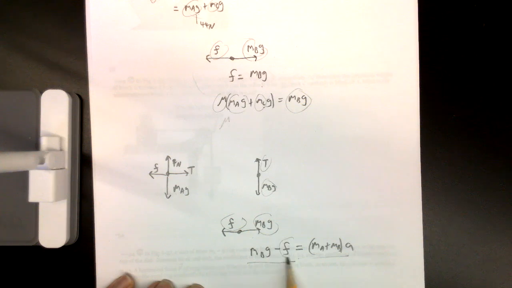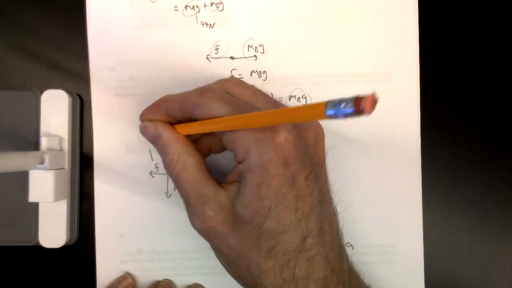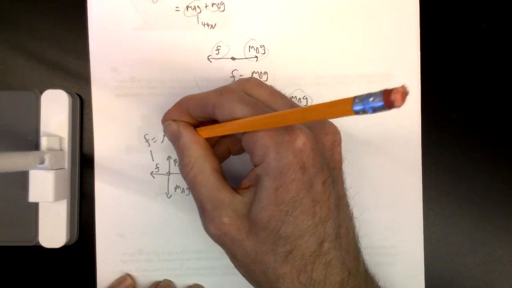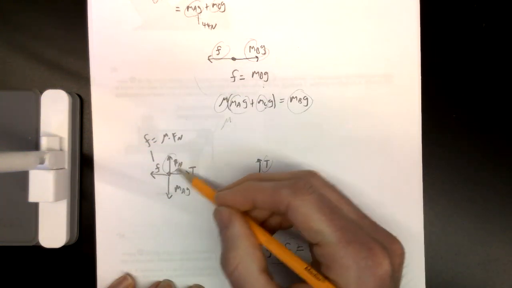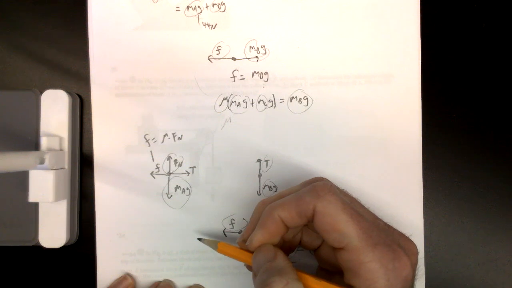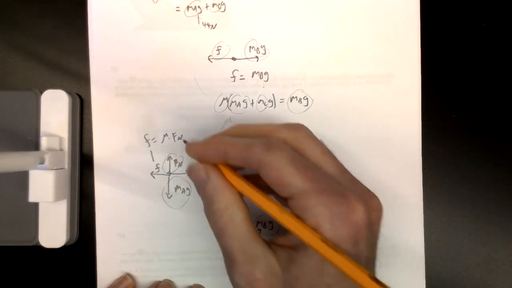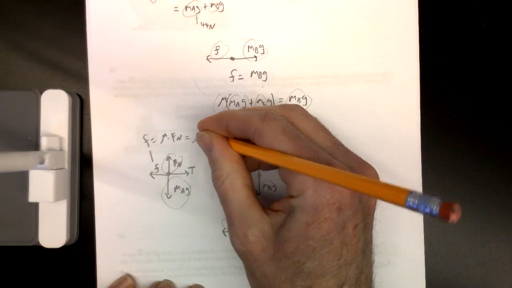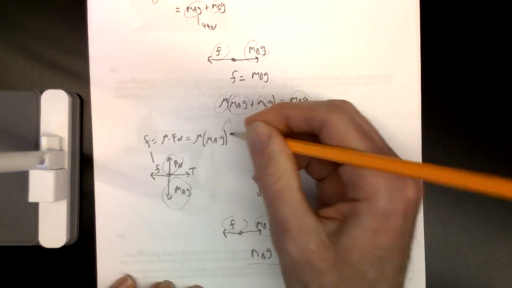Okay, so now how do we deal with this friction force? Well, coming back over here, friction force is always going to be mu times my normal force. And once again, I've got a situation where this normal force is going to equal this gravity force down here because it's balanced and it's not accelerating in this direction. So now up here, I can write this is all mu times ma times g.